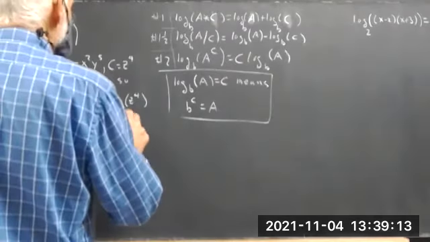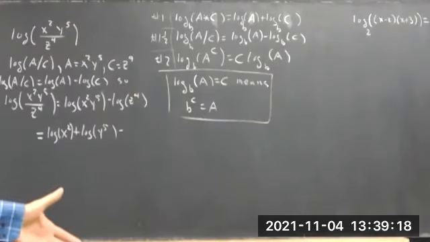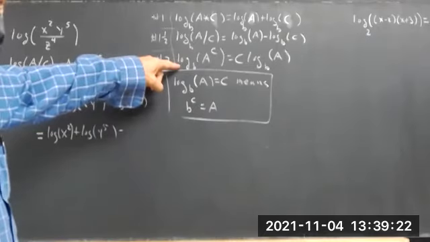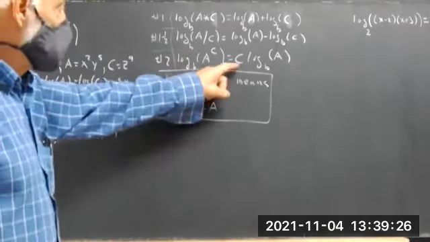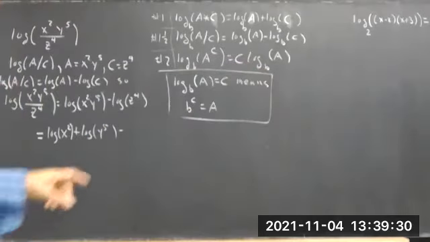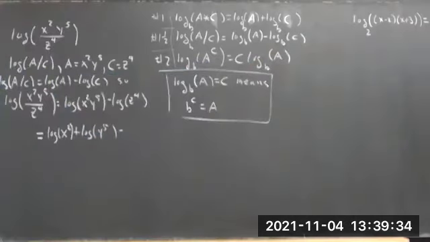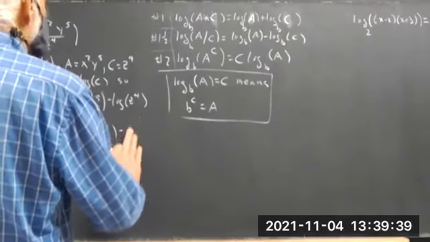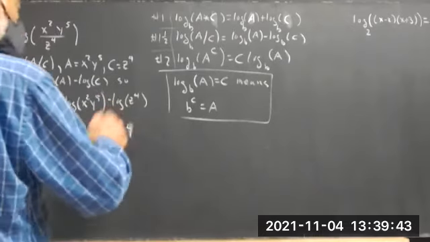Then it's got to be minus the log of z to the fourth. We could leave it that way for right now. Or we could go ahead and apply rule 2. The log of a to the c is c log of a. So the log of y to the fifth is 5 log of y. So what I said is correct.